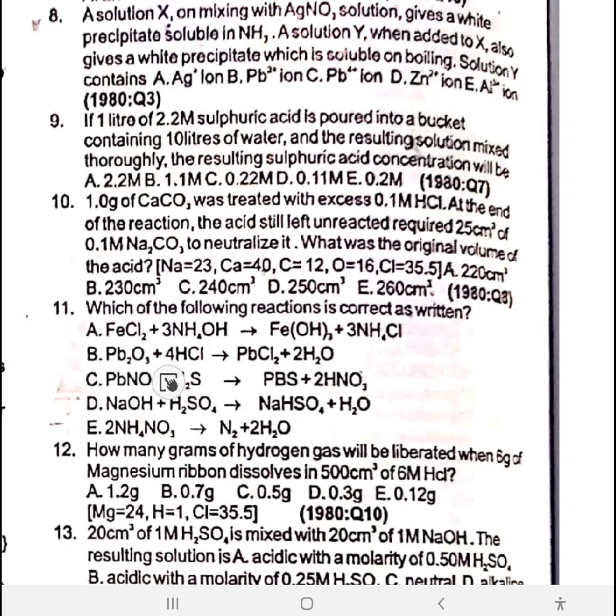Moving to 9, demonstration; 10, demonstration; 11. This one, they're asking you for a chemical equation. They want to test your knowledge on this. Which of the following reactions is correct as written? This talks about balancing of chemical equations, as in stoichiometry.